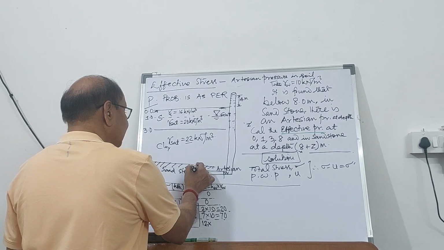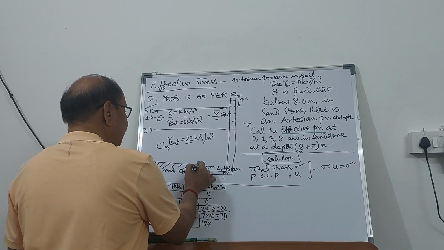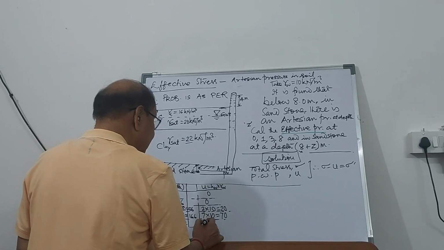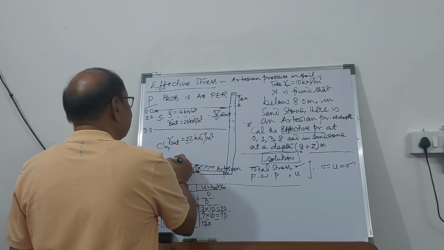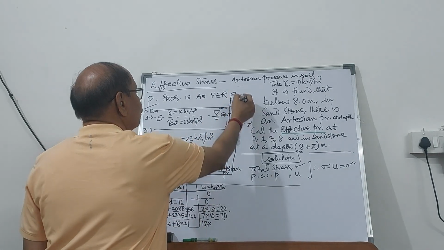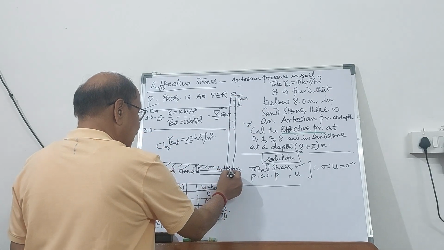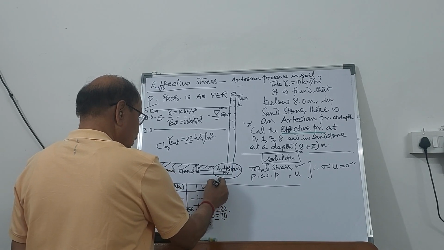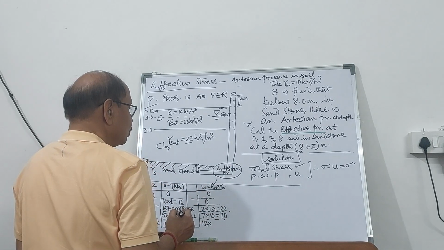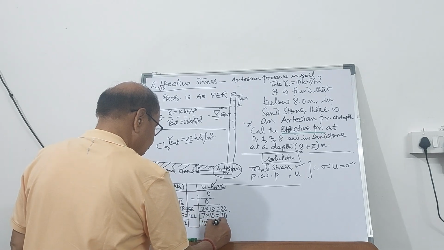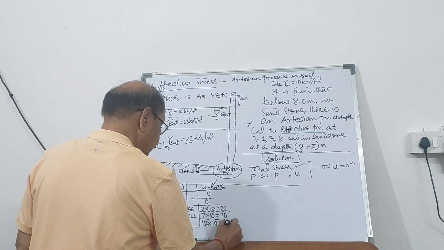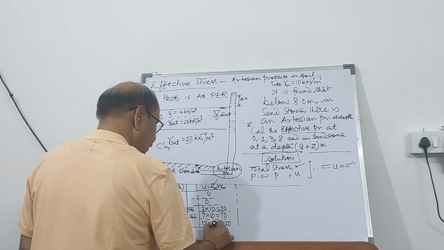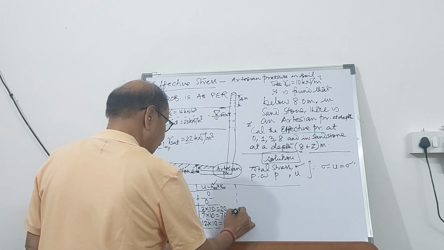So in the near vicinity, say this point is very near, just below the clay layer in sandstone, it is going to be this 8 meter, and the water has shot up by 4 meter under Artesian pressure. So HW is going to be 12 meter. So 12 meter multiplied by 10, it becomes 120 kilopascal.